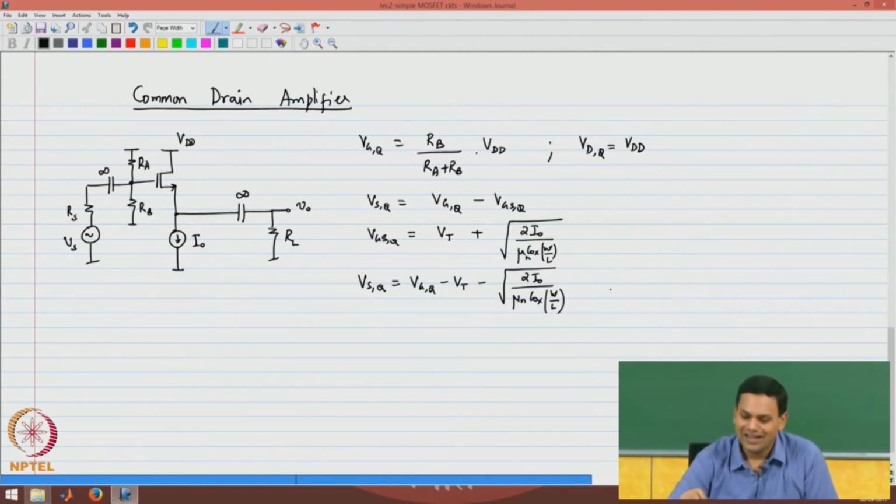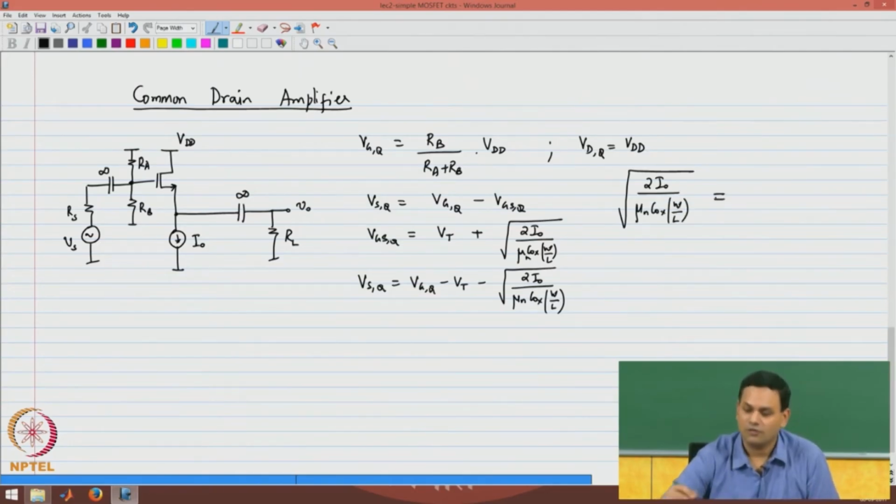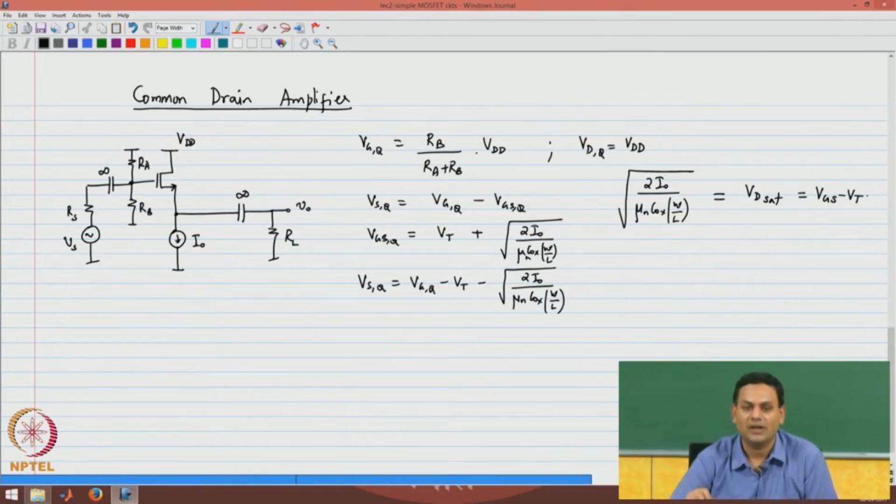Now, one last thing to note as an aside, this parameter root of 2 I naught over mu n Cox W over L is often called the VDSsat of the transistor. This is nothing but VGS minus VT at the operating point, at the quiescent point.